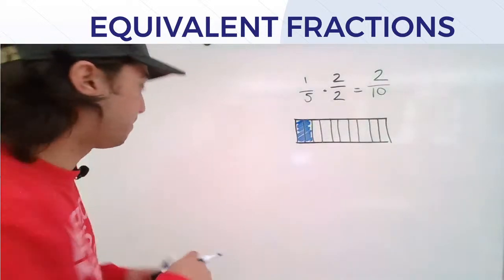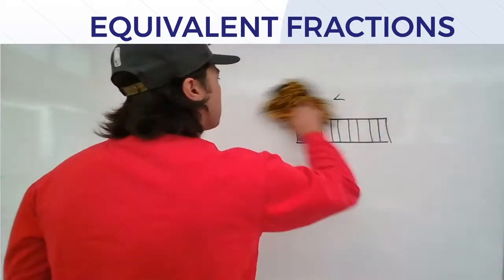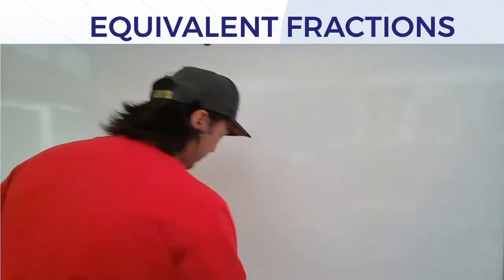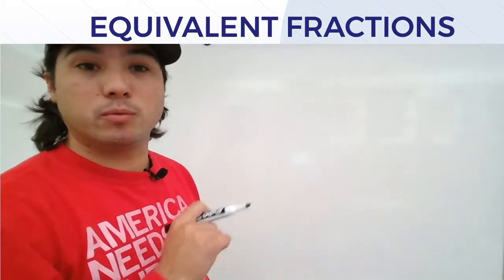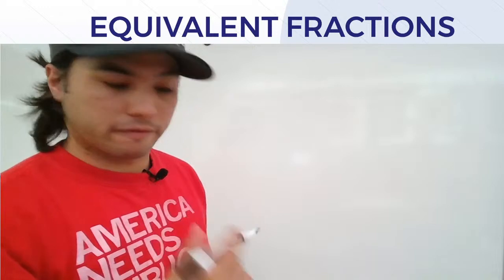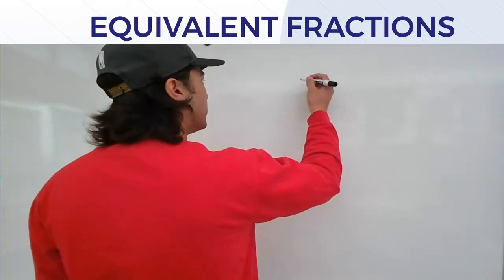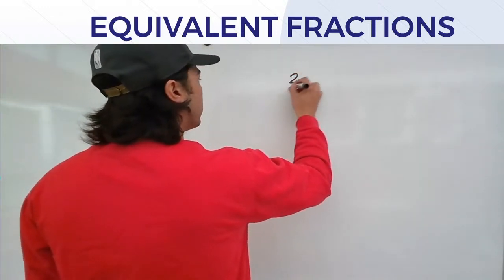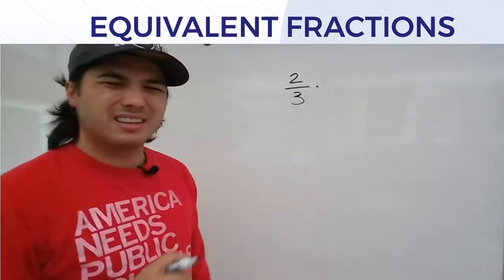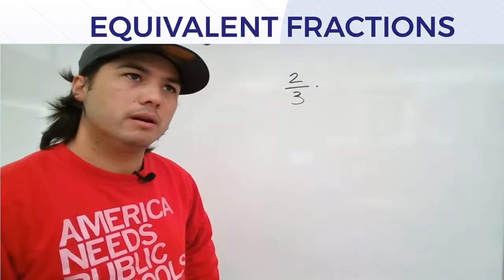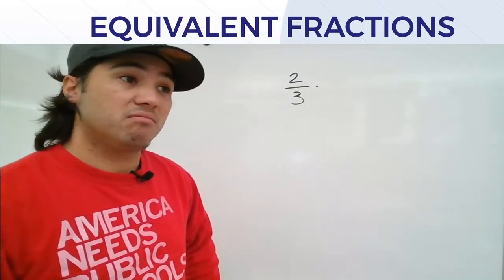Let's try a different one. This time we're going to first do the multiplication and then we're going to check it with our visual. Okay? So let's go with something like 2/3 times, and let's think of an equivalent of 1 here. Can be anything.